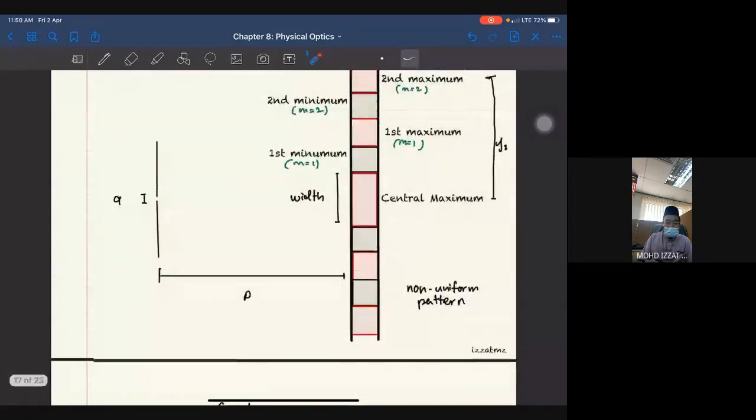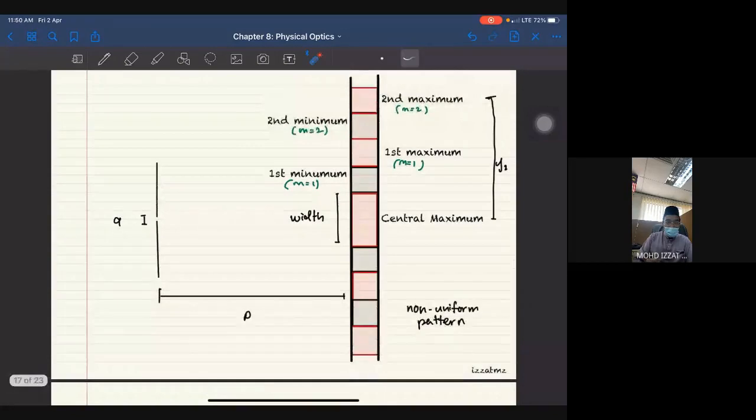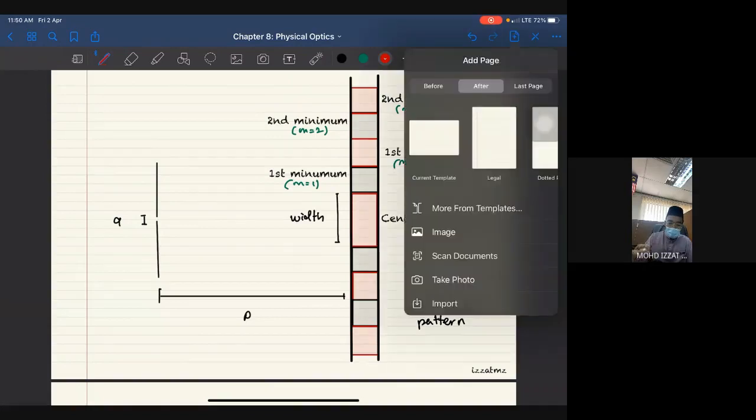Tapi kadang-kadang dia suruh kamu kira angle. Cara nak kira angle ni, and katakanlah kamu tak faham, kamu tak hafal formula dia. Mati-mati kamu tak tahu formula dia macam mana, apa yang kamu boleh buat, kamu boleh lukis.